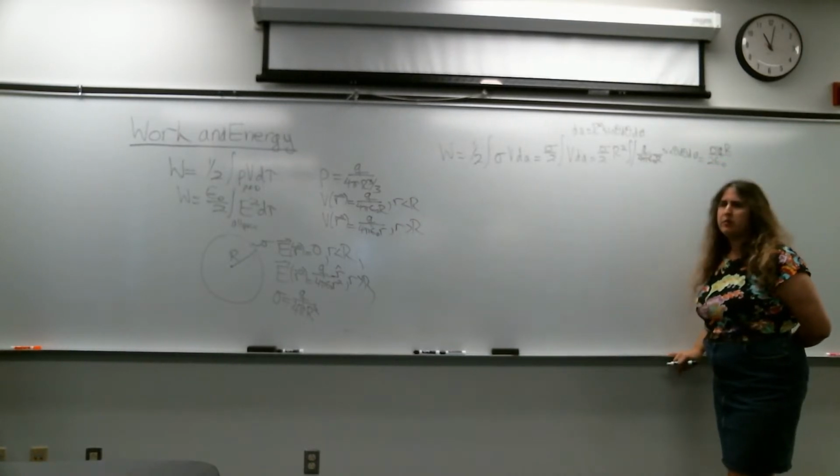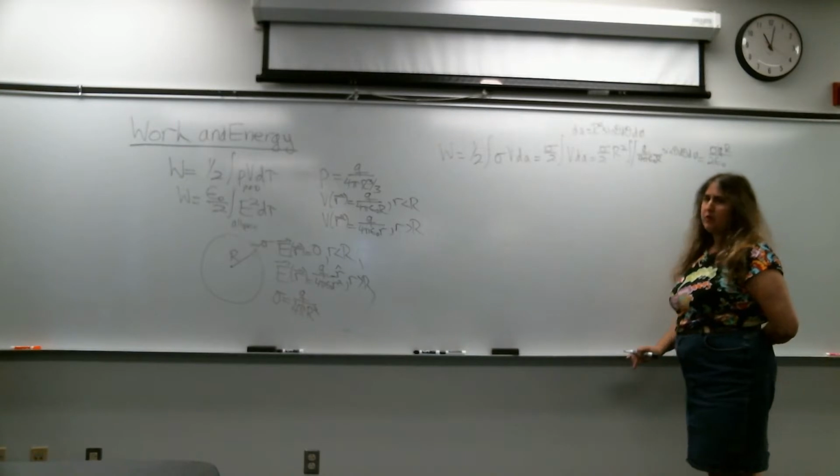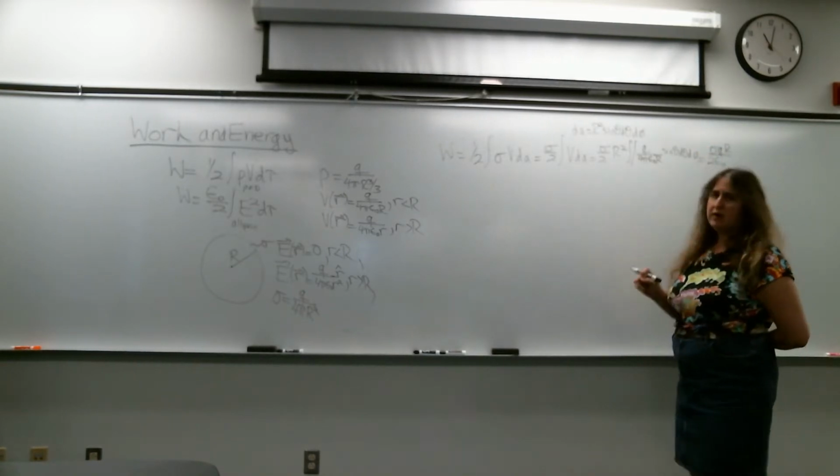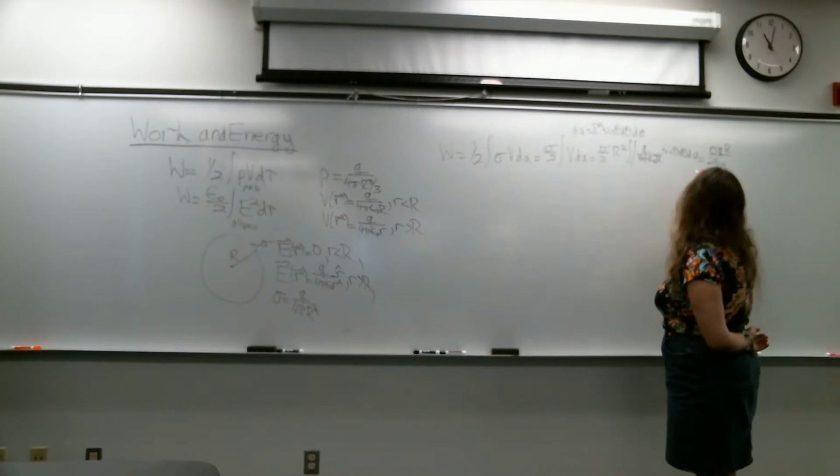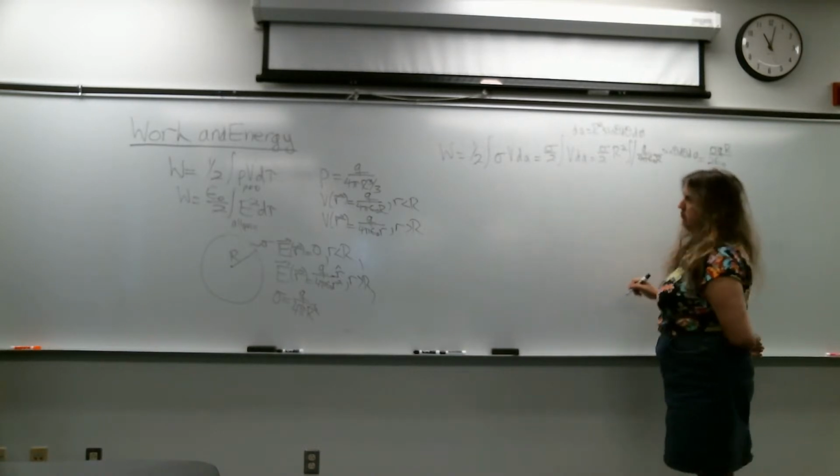And we'll be left with sigma q big R over 2 epsilon naught, but it's more useful to write sigma in terms of q.